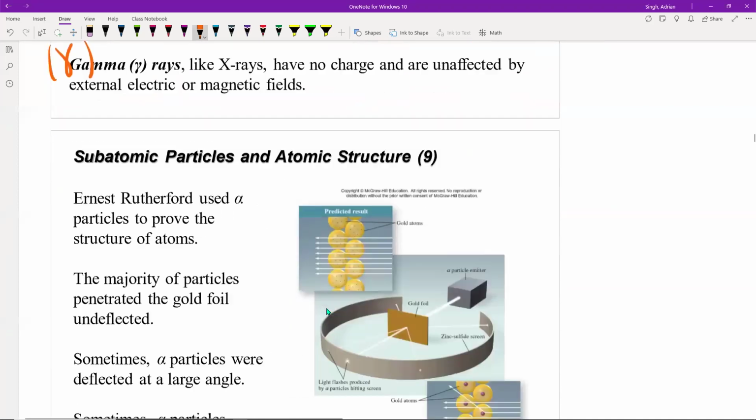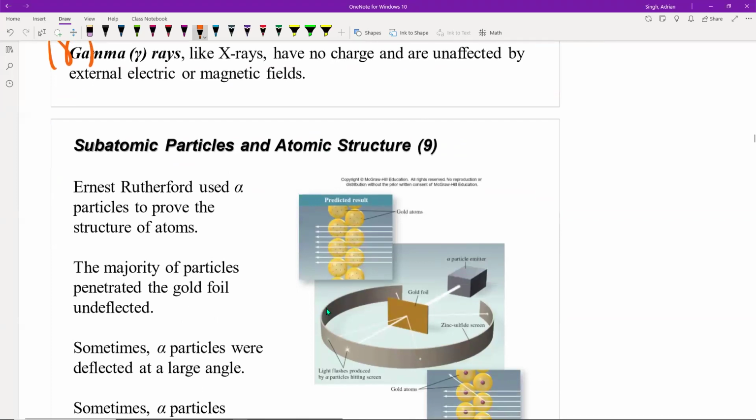So some other experiments and scientists did a lot of groundbreaking work to help figure out these subatomic particles. Another person who was very influential in this was Ernest Rutherford, along with his associates Geiger and Marsden.